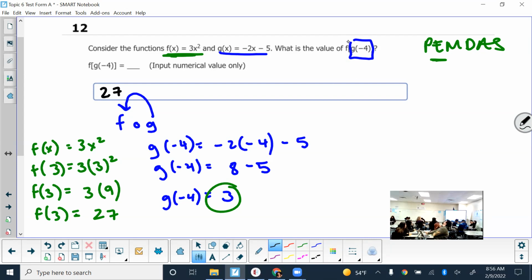Because it's the g of -4, which we solved, equals 3. So 3 is what we plug into the f function. So questions about that? Right. I think the picture is helpful, because it shows we're taking the g function, plugging it into the f function.